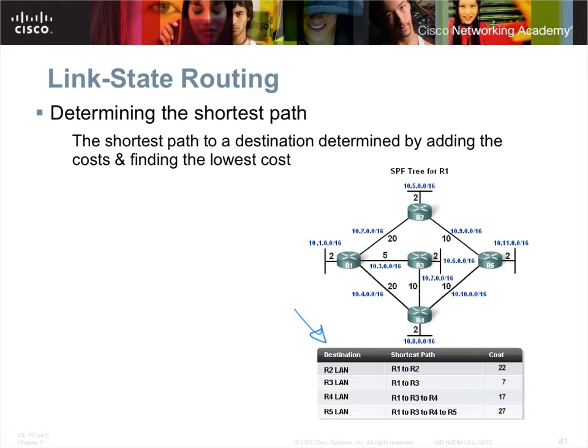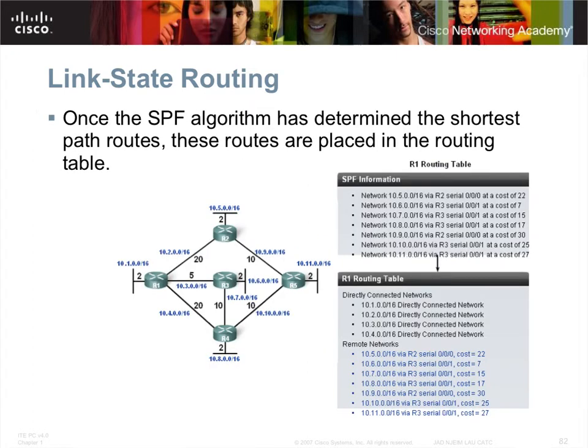So if I want to go from one source here to any other destination, these are the least cost paths that belong to the shortest path tree. And as we can see, except for R2 that we go to directly, for every other destination we have to go through R3. So this is the shortest path tree from one of the nodes in the network.